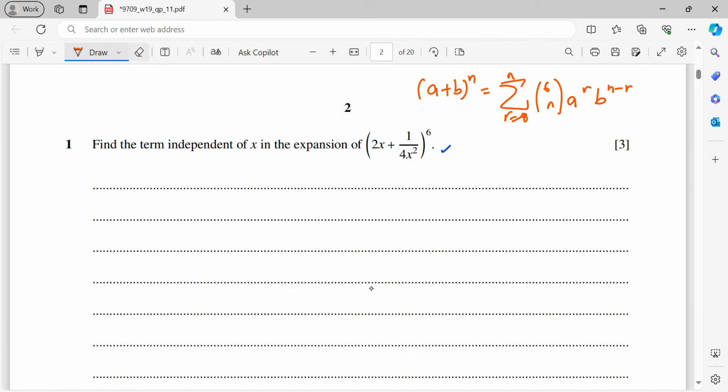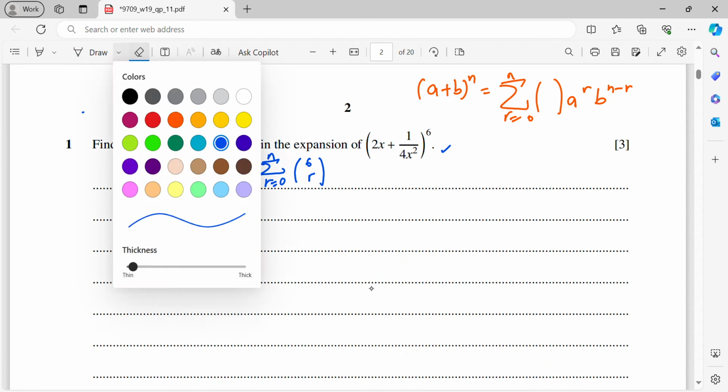Okay, so this is the summary of the binomial expansion. So from here, I will just use the same formula, just rewrite it. This is summation r from 0 to n, so 6Cr. Okay, so I have a mistake here. This is supposed to be nCr.